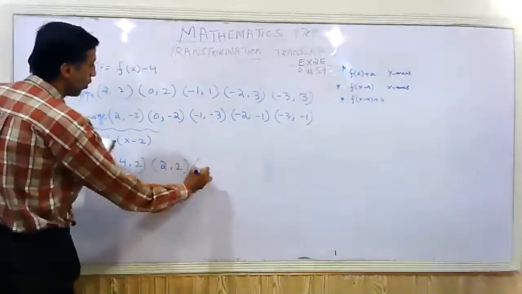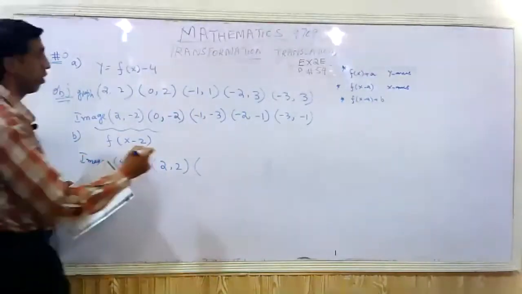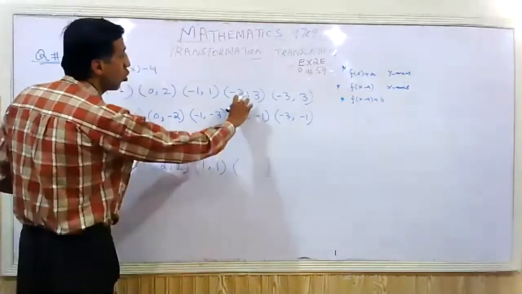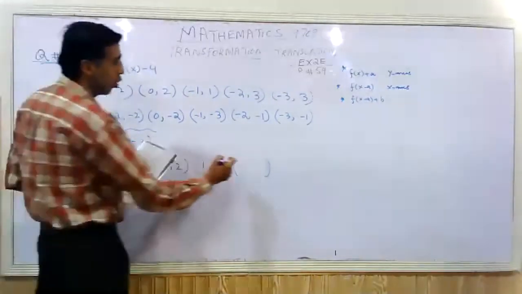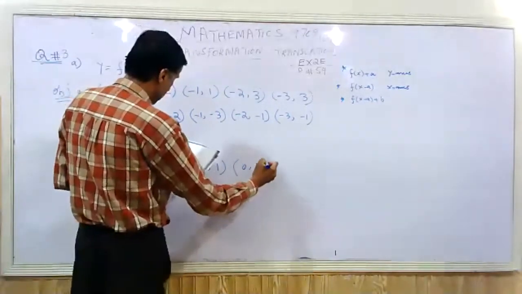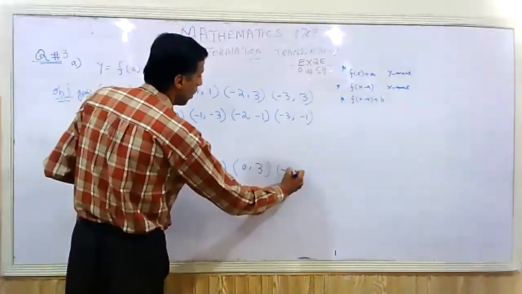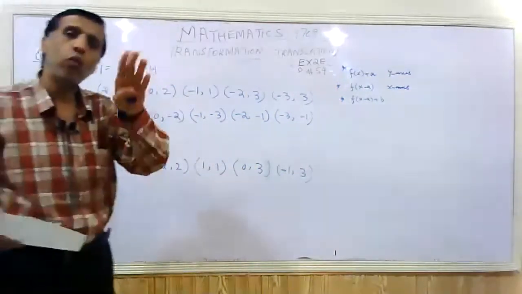The next is (-1, 1), minus 1 and 1, it would be 1, 1. Then (-2, 3), (0, 3), and (-1, 3). We have to move 2 units forward.